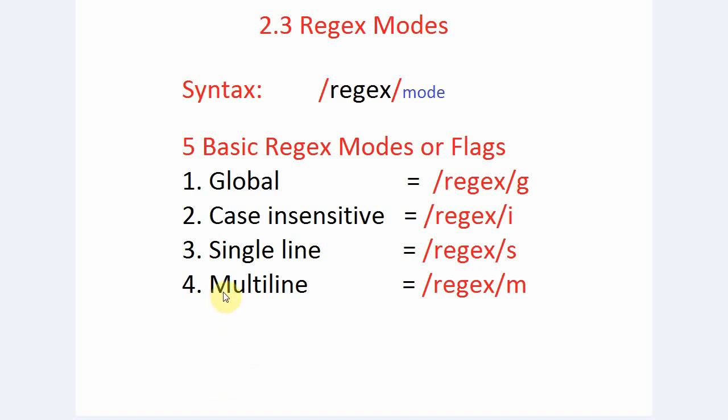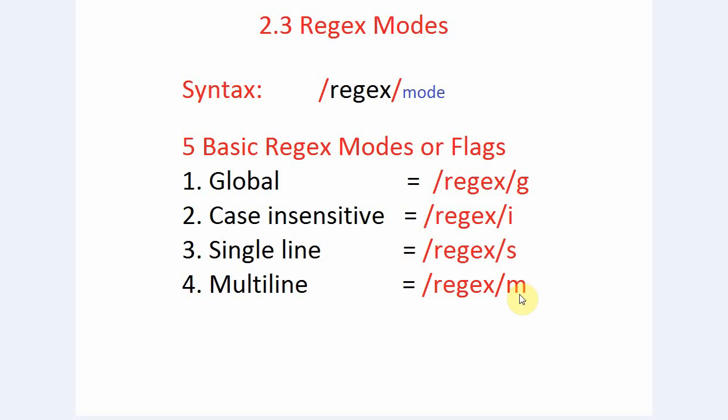And multi-line mode, m, will treat your string as consisting of multiple lines. So s mode, single line mode, will treat the whole test string as one line, and m will treat your whole string as consisting of multiple lines.